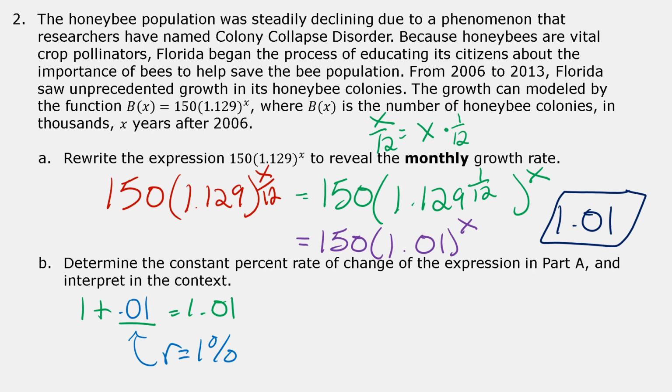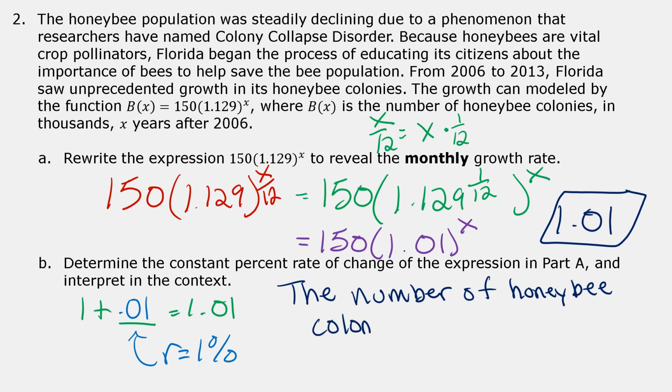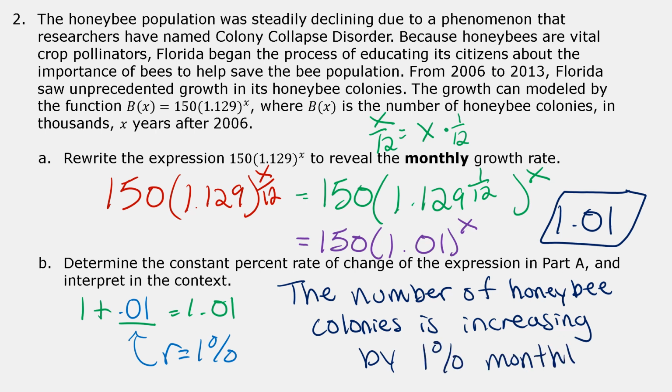So are they increasing or decreasing per month? Increasing because we're adding. So we need something along the lines of the number of honeybee colonies is increasing by 1% each month. Say monthly, each month, doesn't matter.